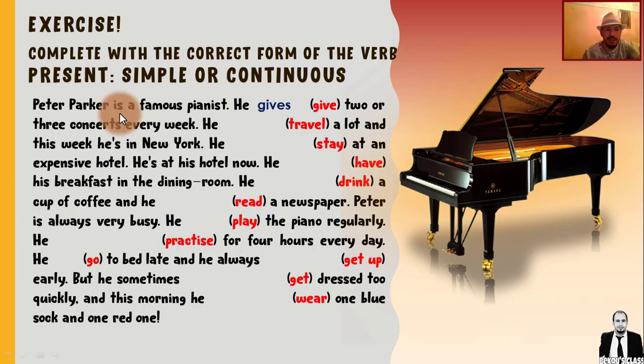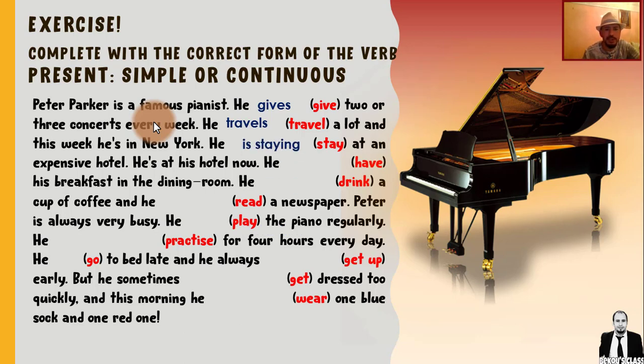Every week here is the key. Next, he travels a lot, and this week he's in New York. It talks about something that he does all the time. He travels a lot. Then he's staying, because we have now, this week he's in New York.